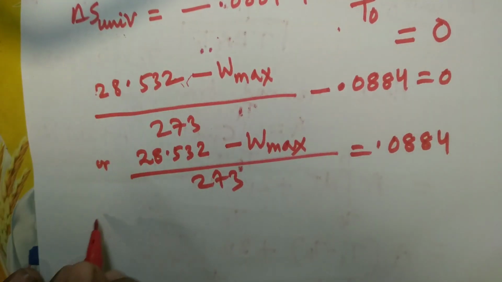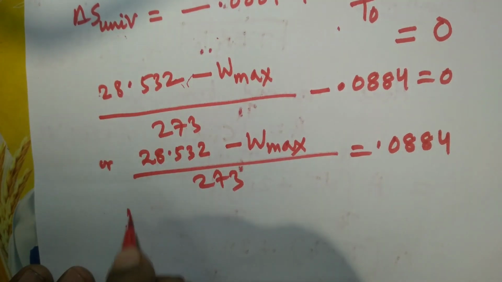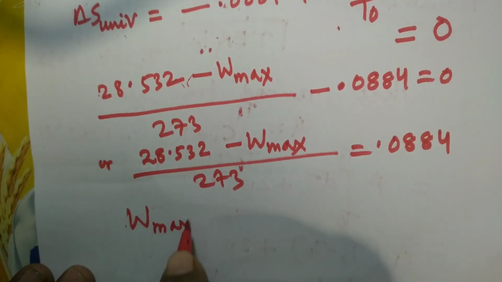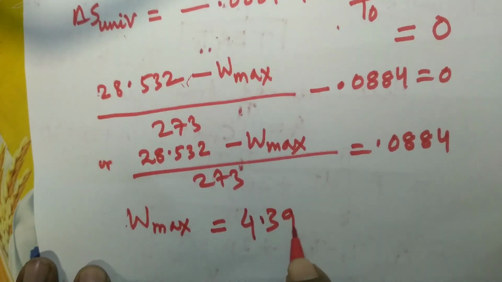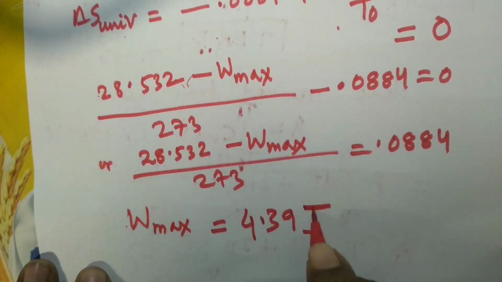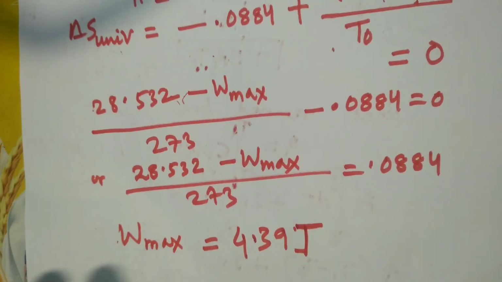From this we can calculate the W max. So W max will be 4.39 joule. So this is the answer.